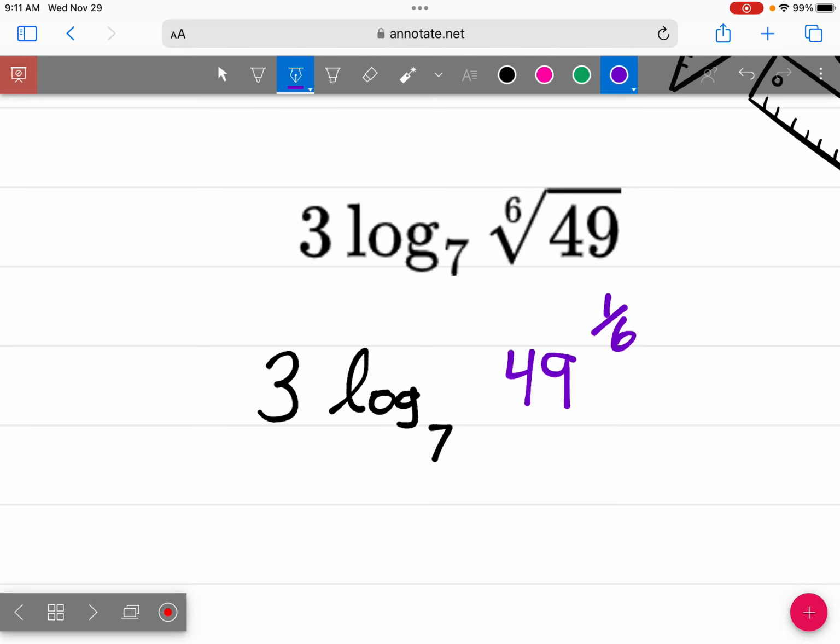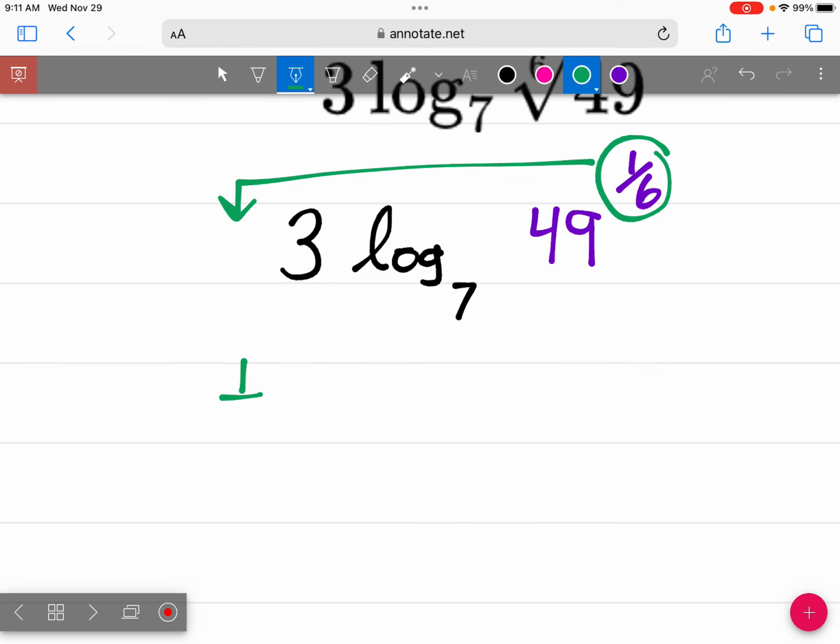The index becomes the denominator. We're going to use our power property to bring that down in front.